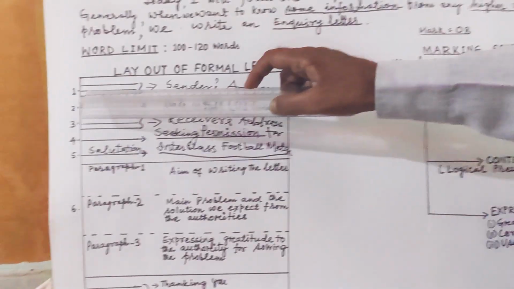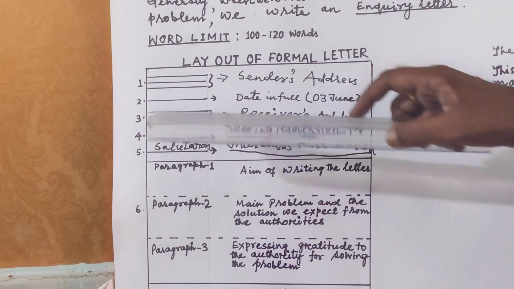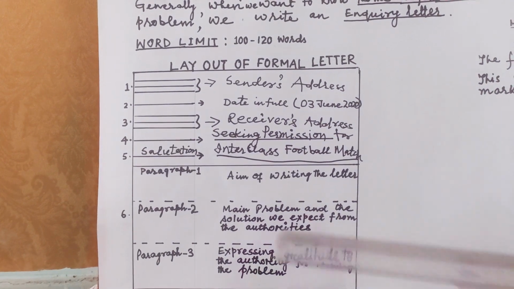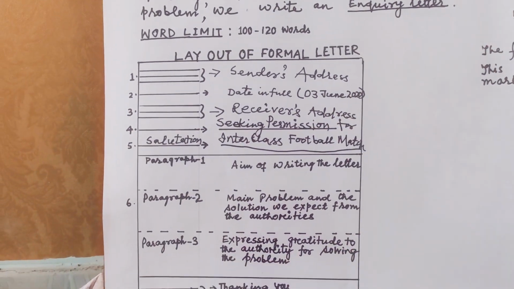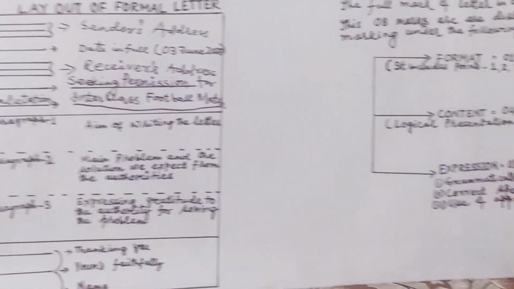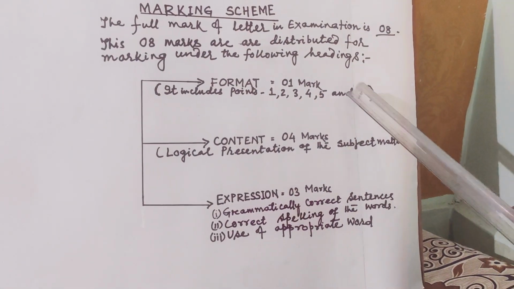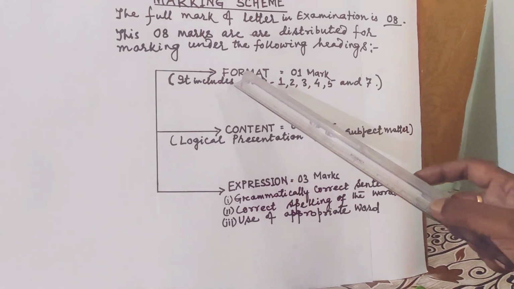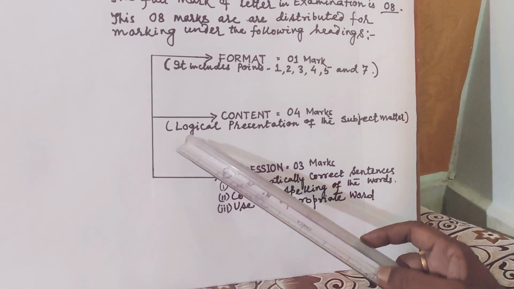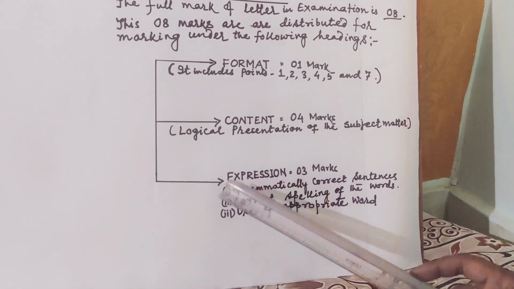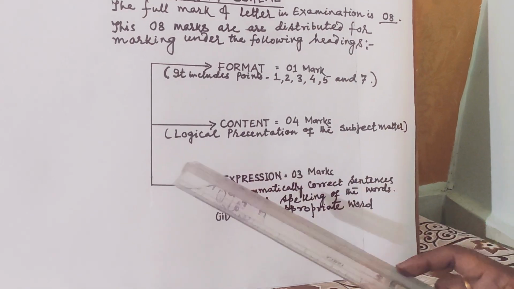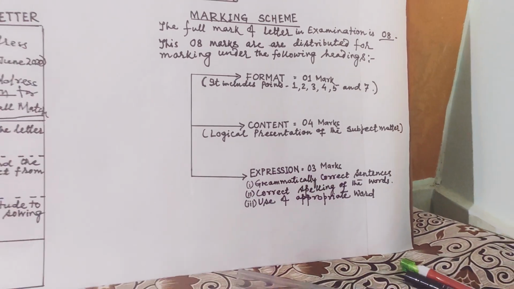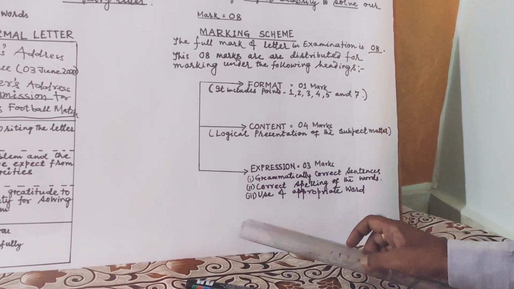Now students, here you see point number 1, 2, 3, 4, 5 and 7. The same thing I have mentioned here. If we write all these things, then we get the allotted mark of 1. Now the second criterion in evaluation is content. Content means subject matter. What does the examiner expect in content?